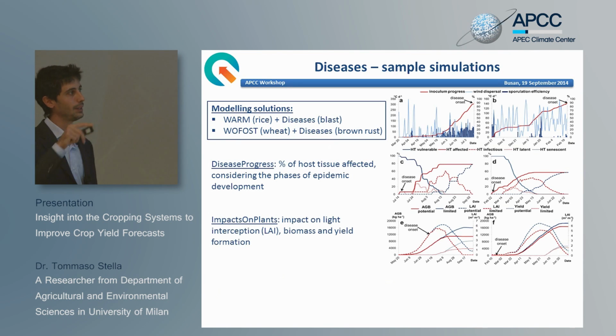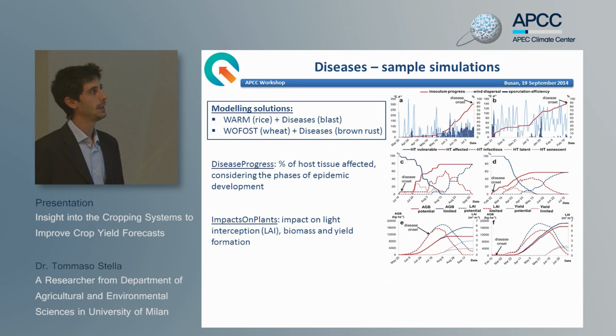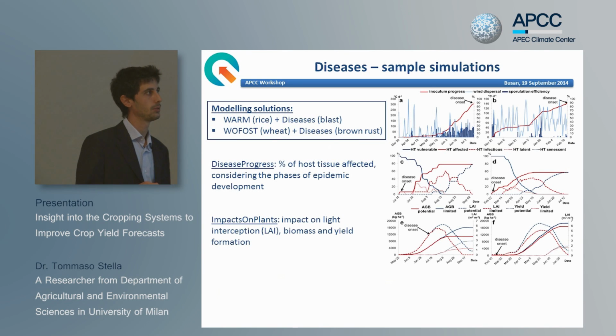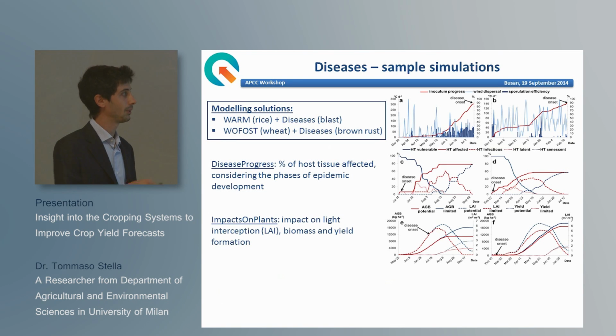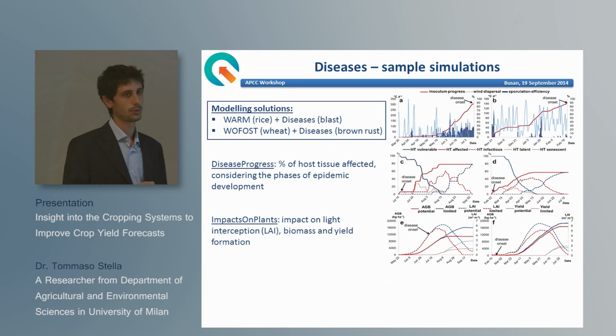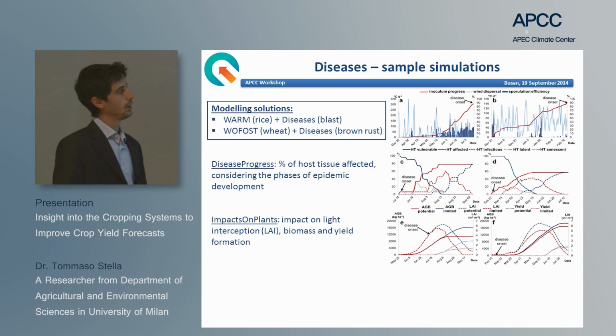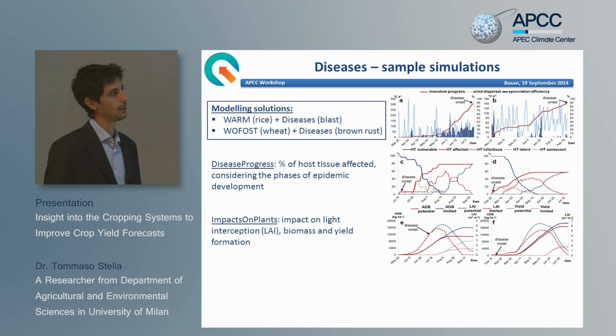Then the component impacts on plant that basing on the percentage of host tissue affected by the disease can calculate the impact, for example, on light interception. This is a generic damage. So here we have, after the disease onset, the reduction of leaf area index, and so the reduction in above ground biomass, and obviously also on yield.